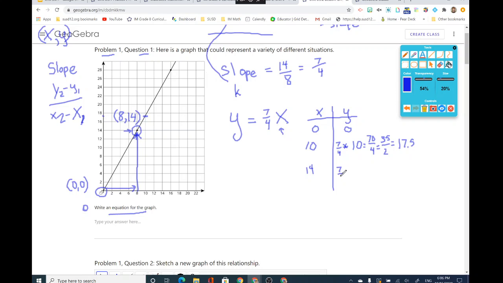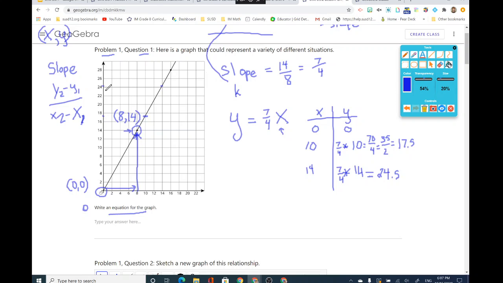So put it into the equation: 7/4 times 14 equals, let's do the math, 7 times 14 divided by 4 equals 24.5. Do the math yourself on your paper so that you're learning as you go, not just copying me. When x equals 14, here, y equals 24.5.